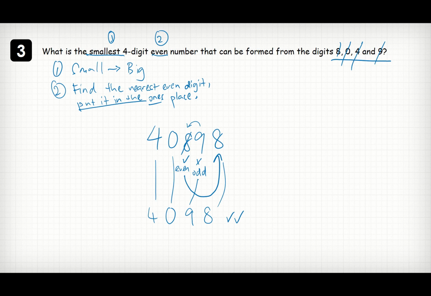A very common mistake that I see is that you put the smallest even digit in the ones place because you think that you are dealing with the smallest digit. Let's see what happens when we do that. So just now we had 4089. If I were to put this in front instead and have 0 here, I'll have 4, 8, 9, and 0.